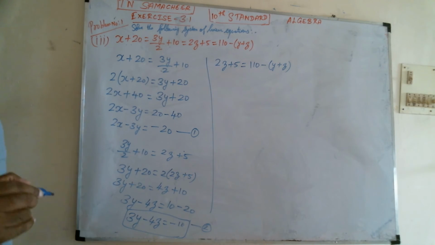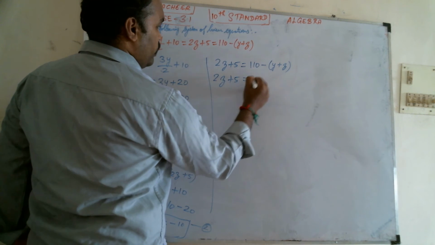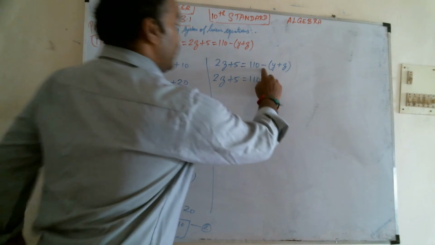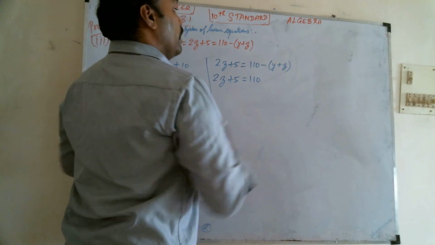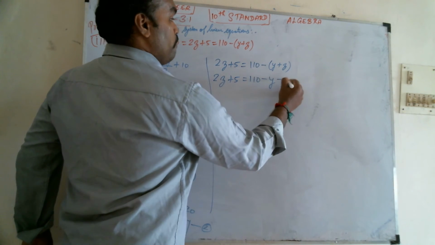So how are we going to do this one? 2z plus 5 equal to the same 110, you can write it here. Minus into plus y is how much? Minus into y, minus y. Minus into z, minus z.